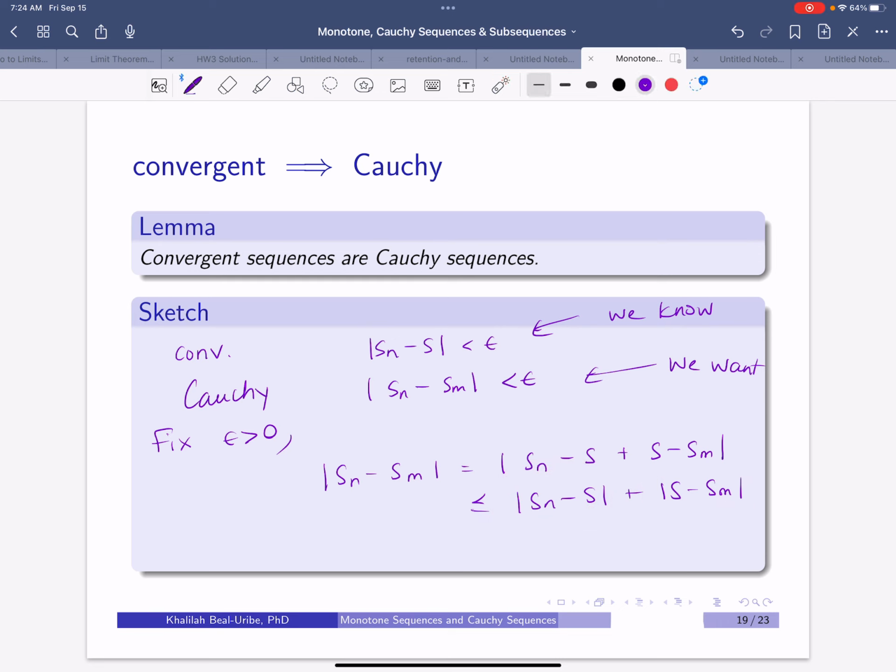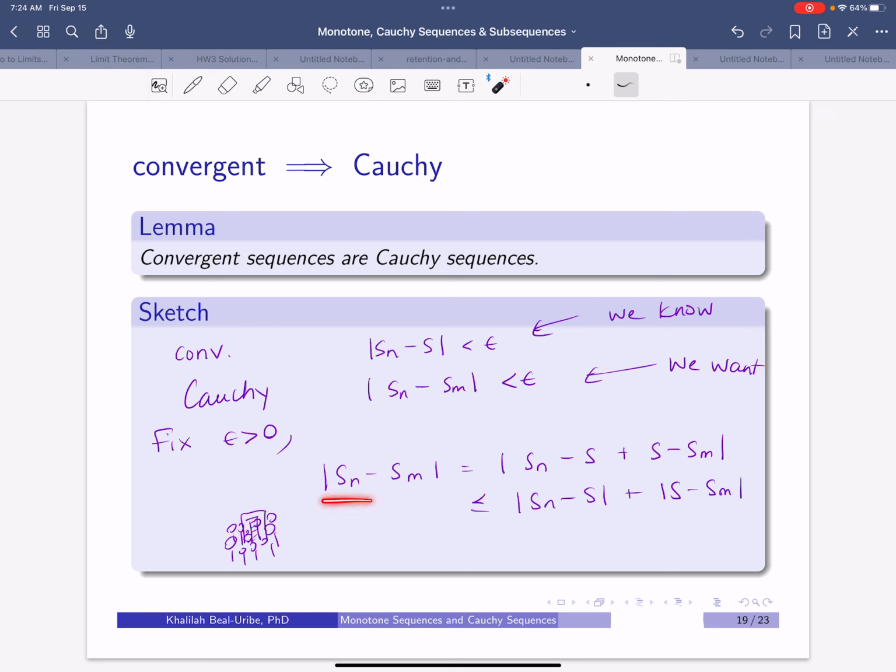Think of it like people trying to leave a door. You have a whole bunch of people, and the people are arbitrarily close to the door. If a sequence is convergent, that means the people are arbitrarily close to the door. If a sequence is Cauchy, that means the people are arbitrarily close to each other.